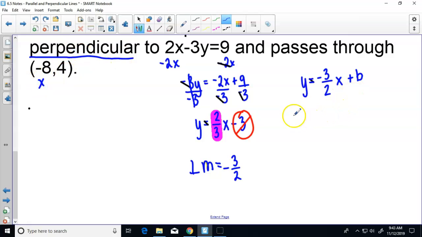Good. So we'll have -3 halves times -8. Good. And then for our y, 4 equals -3 halves times -8, and then we'll put our plus b over here because that's what we're solving for. -3 halves times -8.